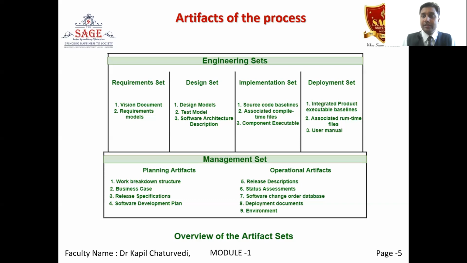Status assessment means step by step, time to time, assessing our project: what the status of the implementation is, how our project implementation is going on. We'll have to assess that in the operational process during the implementation. Software change order database: if any changes are required during the implementation, then how we'll make them.